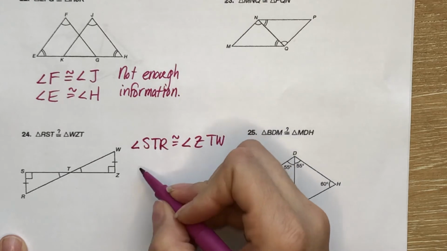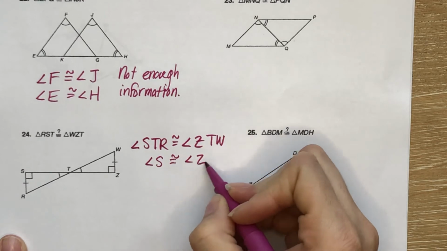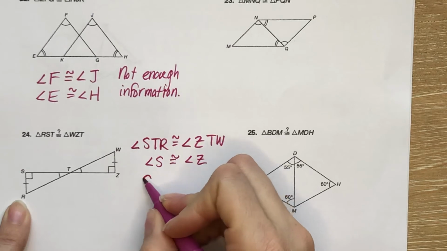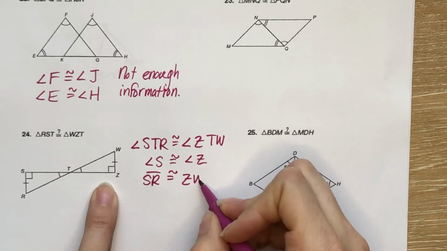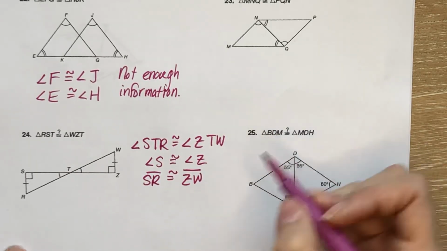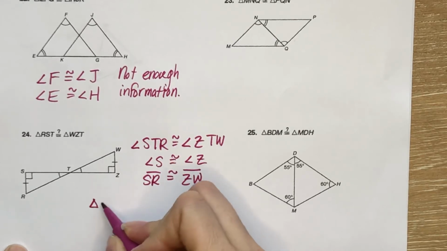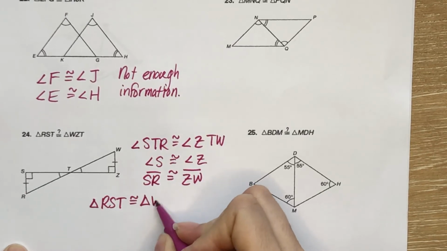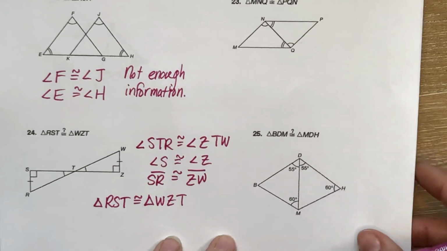We know that angle S is congruent to angle Z, okay, because they're both right angles. And then we can see that the line segment SR is congruent to the line segment ZW, okay? So we can say triangle RST is congruent to triangle WZT because we do have enough information there, okay?